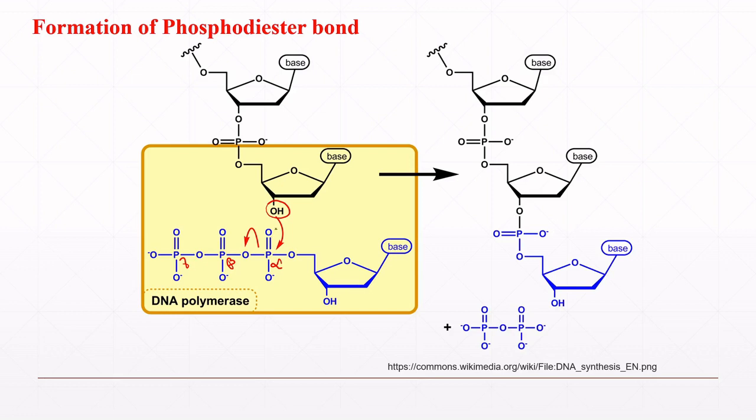Then a water molecule is released and an ester bond is formed, which thus forms a phosphodiester bond. Here, the breakage occurs, and the beta and gamma phosphates are released in the form of pyrophosphate. Pyrophosphate is an energy-rich compound. This is the basic reaction which takes place in DNA synthesis, and it is catalyzed by the DNA polymerase enzyme.